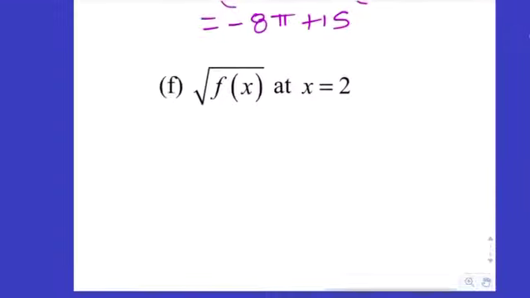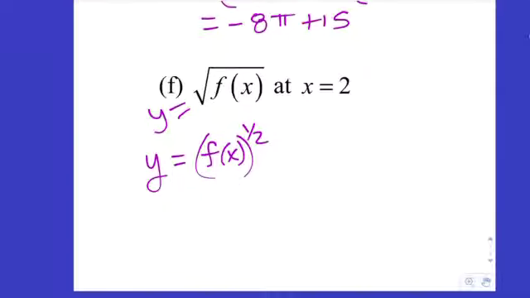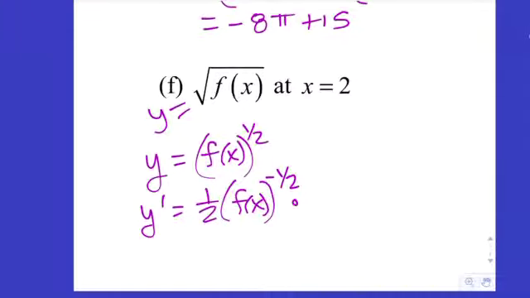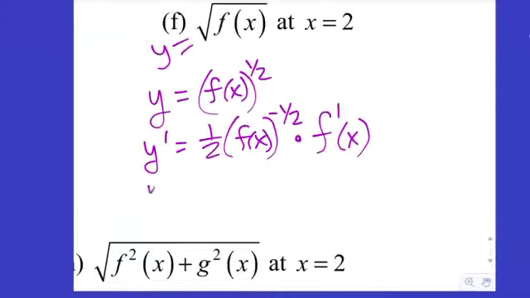The next one, the square root of F. How are we going to want to rewrite that one? F of X to the 1/2 power. Yeah, I'll put parentheses around it. There you go. So this is another chain rule. Y prime is 1/2 times F of X to the negative 1/2, and then times the derivative of the inside function, F prime of X. And now Y prime of 2 is 1/2.